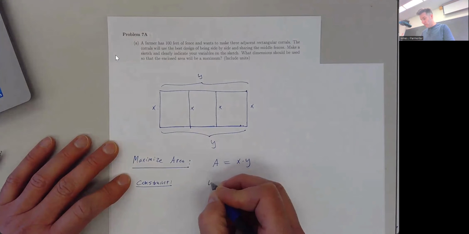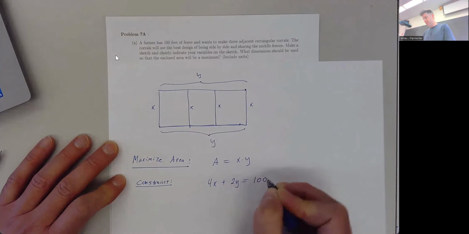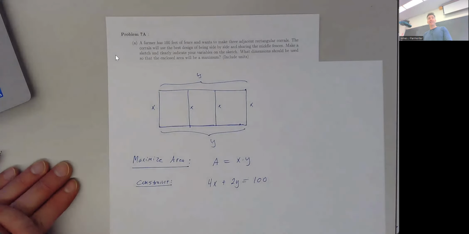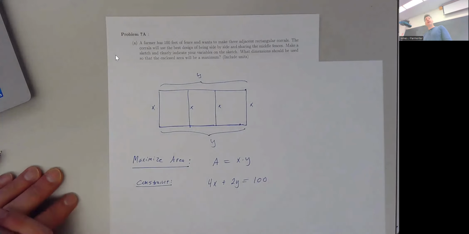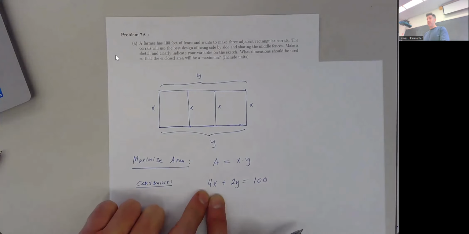So I would say 4x plus 2y is equal to 100. You can solve or isolate either variable, but it would be nicer if we isolated y. Because if we isolate x, we're going to have to divide everything by 4, and we're going to have a fraction.